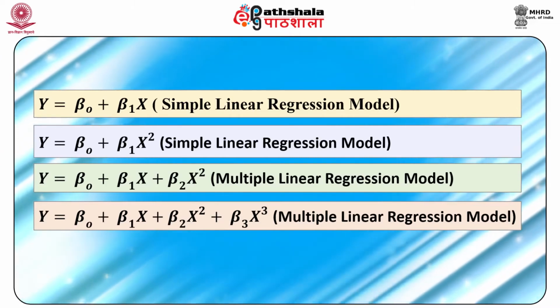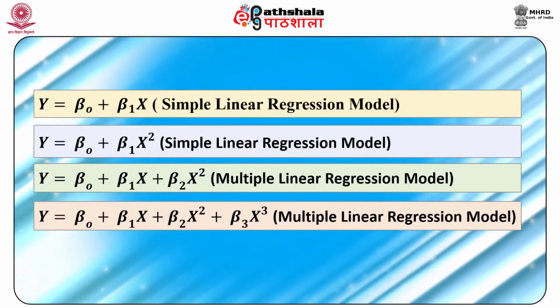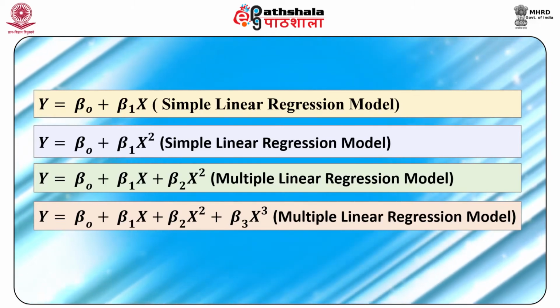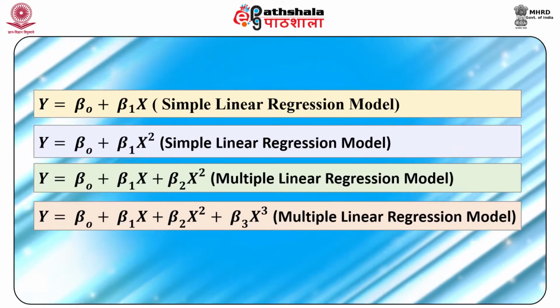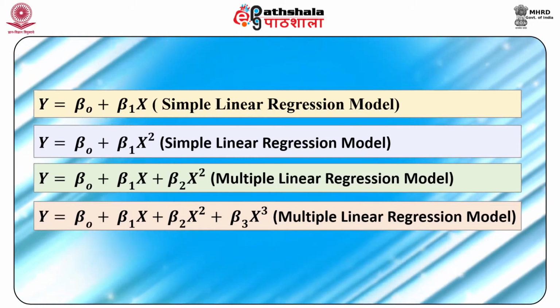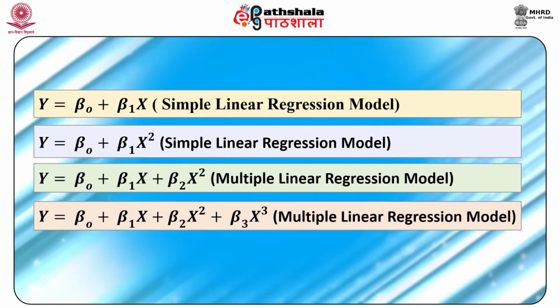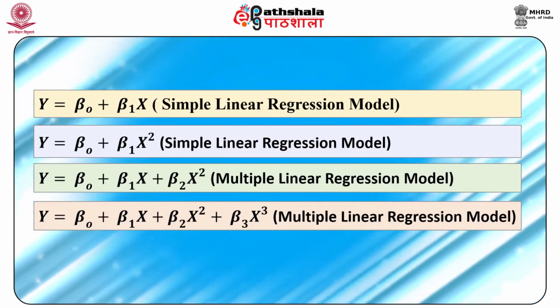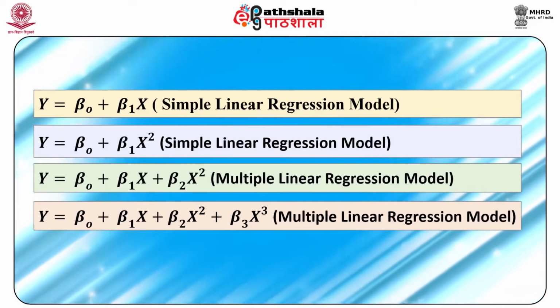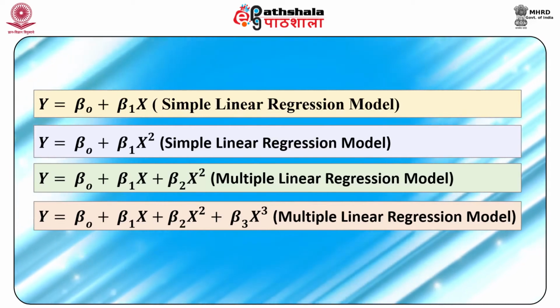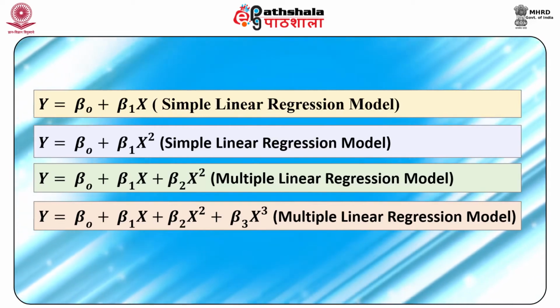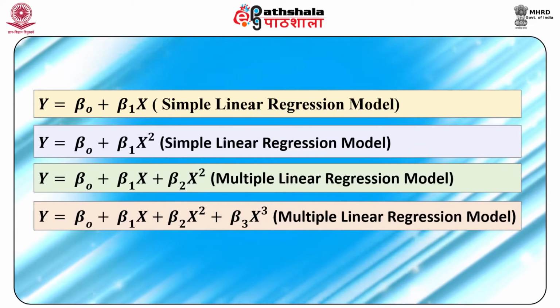Here the power of x is 2, but the power of beta 0 and beta 1 is exactly the same and is equal to 1, and therefore we still call it a simple linear regression model. The third possible kind of equation could be where y is equal to beta 0 plus beta 1 x plus beta 2 x square.